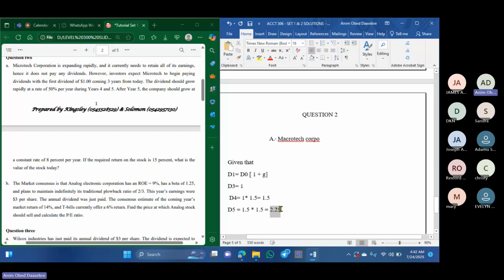So you find D6 to be 2.25 multiplied by the constant growth, 0.08. Let me state the formula.